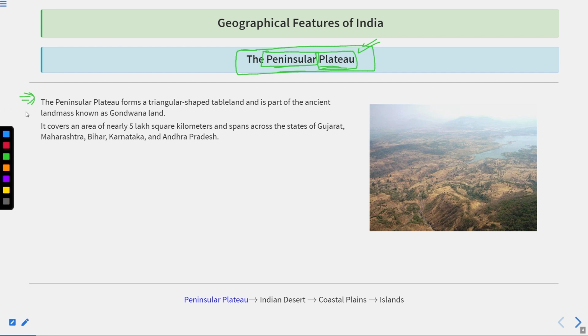So we can say the Peninsular Plateau forms a triangular shaped tableland, and that is a part of the ancient landmass known as Gondwana land. When India was not a subcontinent and was part of the common continent of Gondwana land, at that time the Peninsular Plateau was formed.